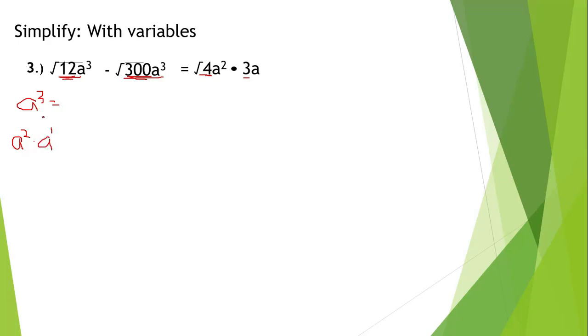Why is it like this? Because we can just simply subtract this by 1. Then 2 plus 1 equals 3. That's why the factor of a raised to 3 is this.